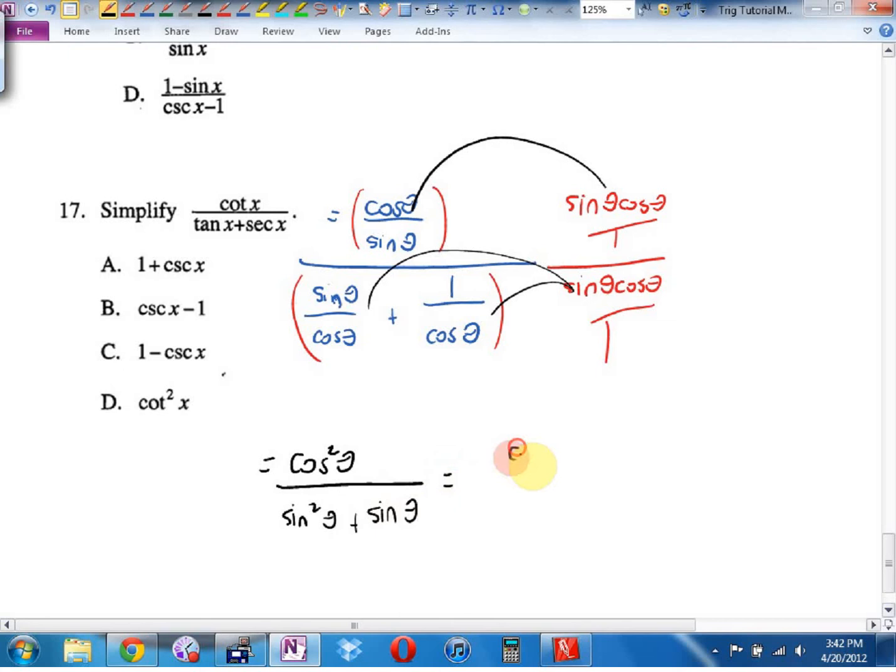Rewrite cos squared. All over. Sine theta bracket. Sine theta plus 1. I have no idea where I'm going now. Let me see.